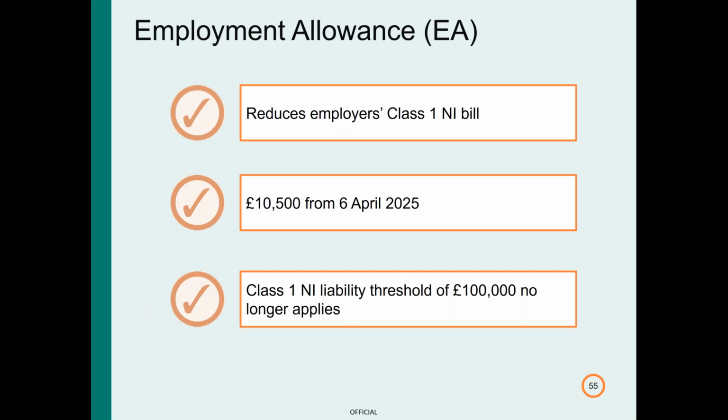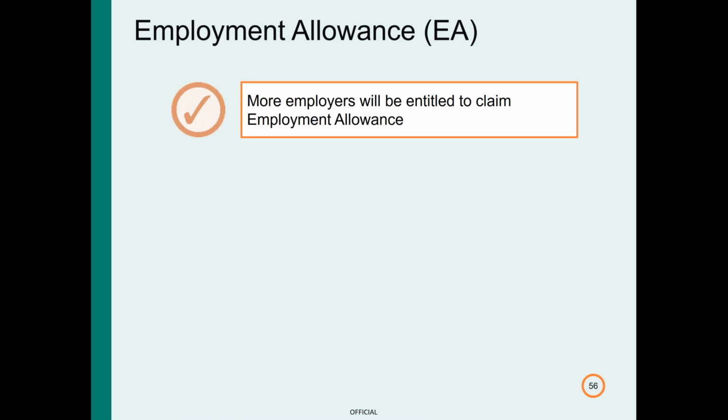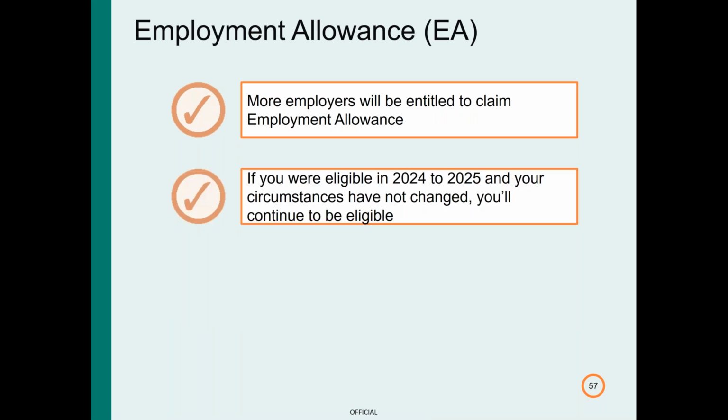This also means that state aid rules will no longer apply from 6th of April 2025. More employers will now be entitled to claim employment allowance. If you were eligible in the 2024 to 2025 tax year and your circumstances have not changed, you will continue to be eligible.